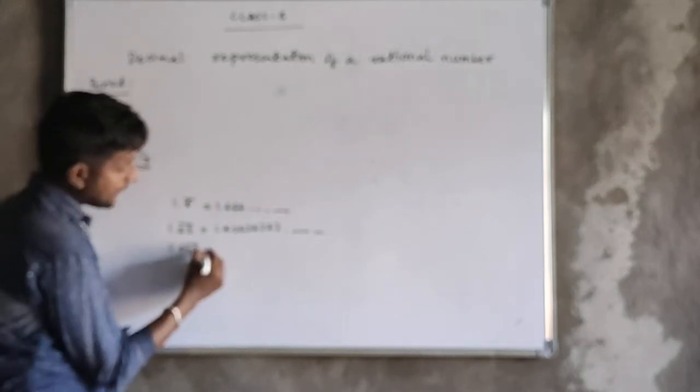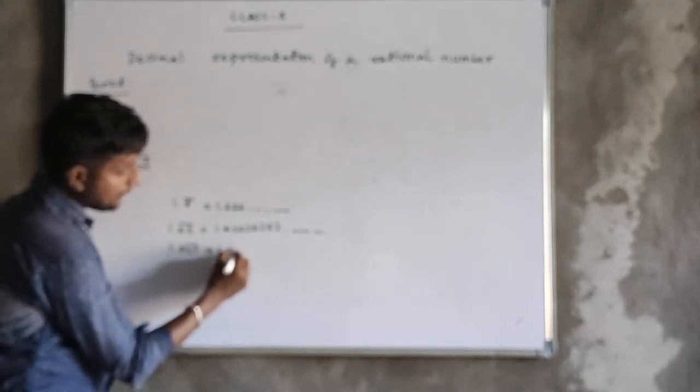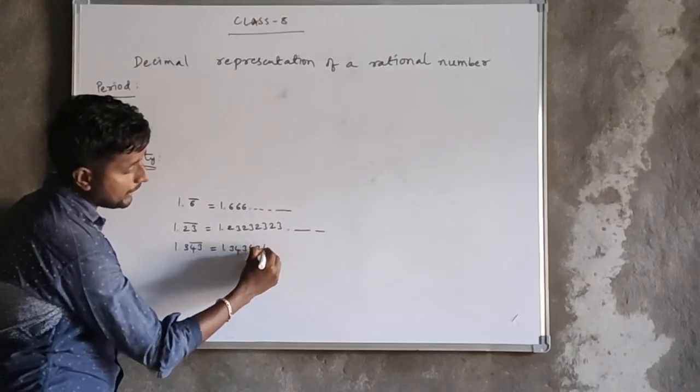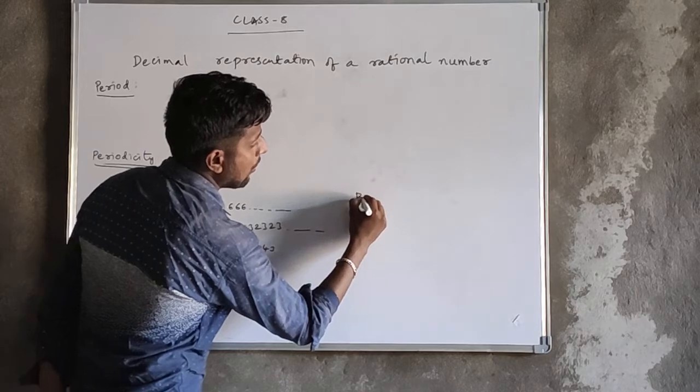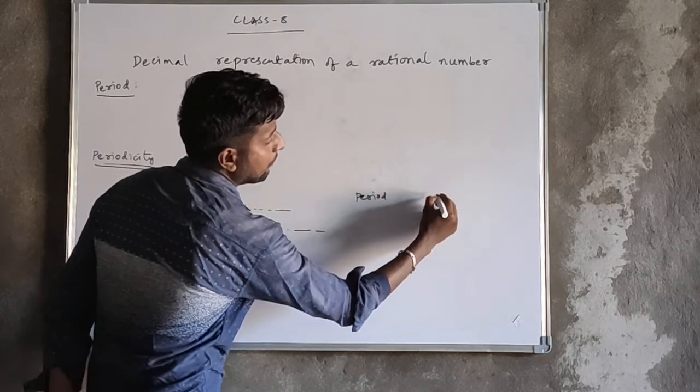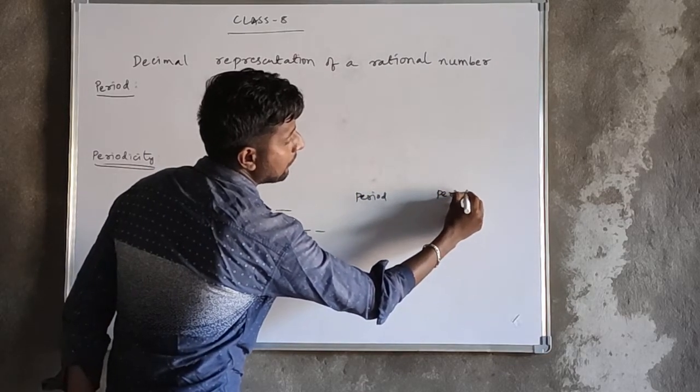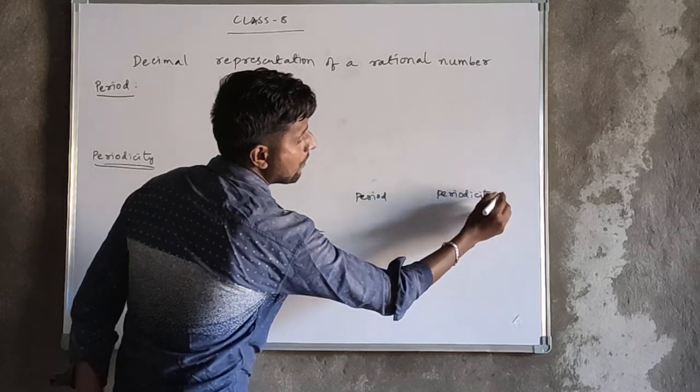So now I can write 1.3434343. Now we'll write periodicity.